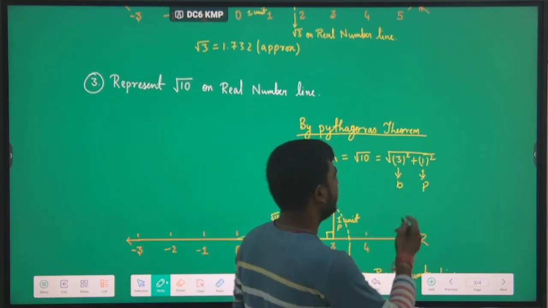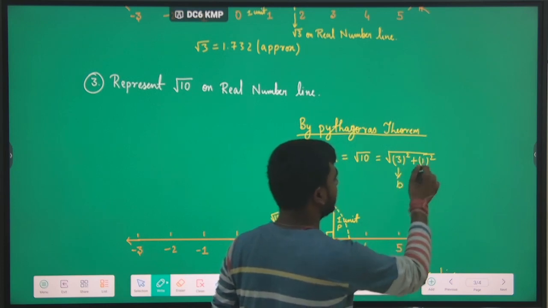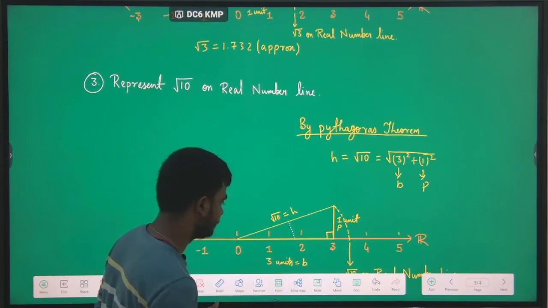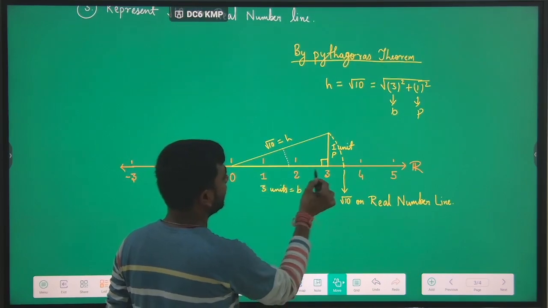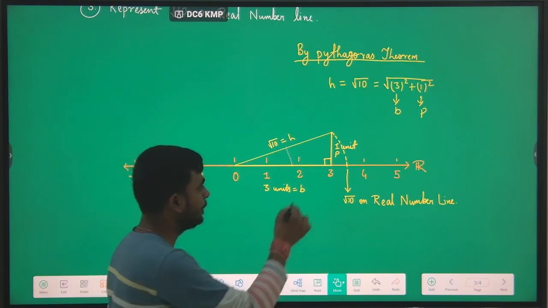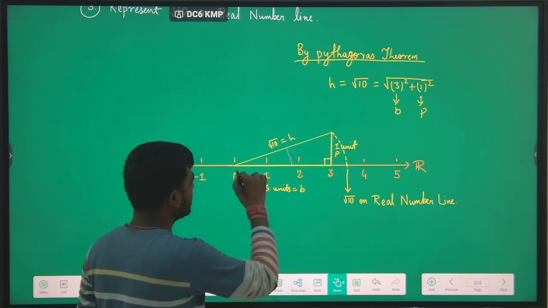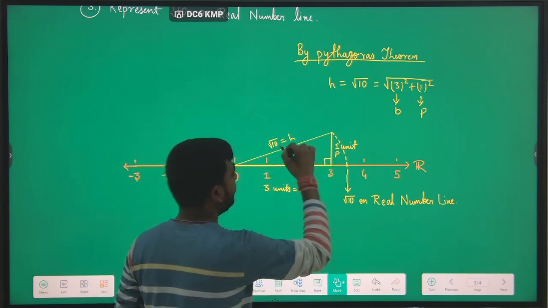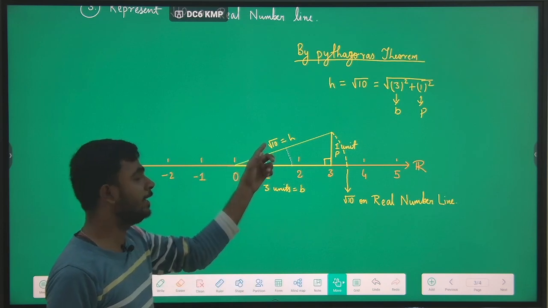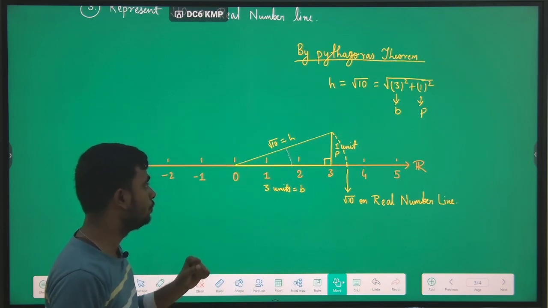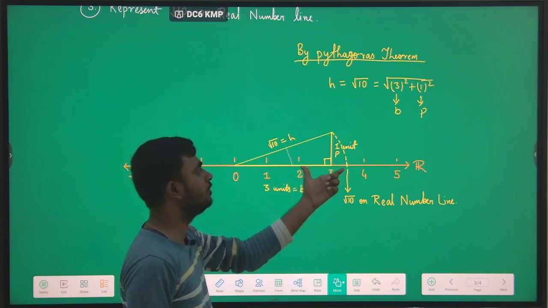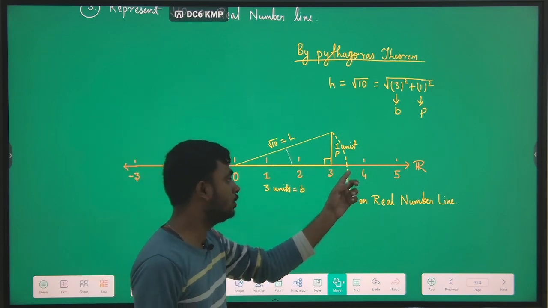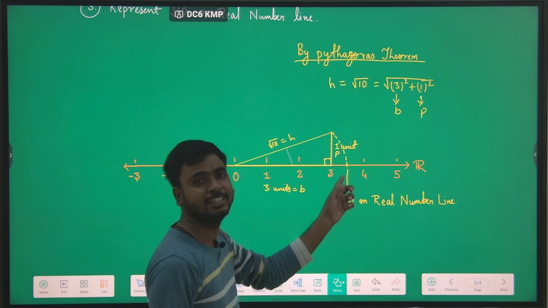But for here, let us suppose I have taken B as 3 units and P as 1 unit. So this distance will be root 10 units. After getting it done with our compass, we will find out that root 10 is like here.